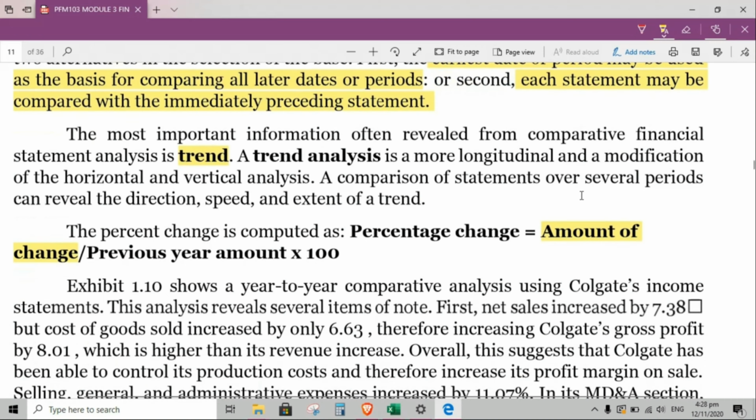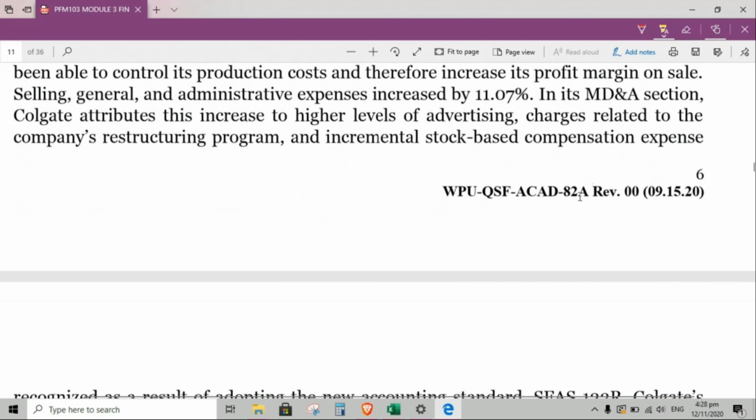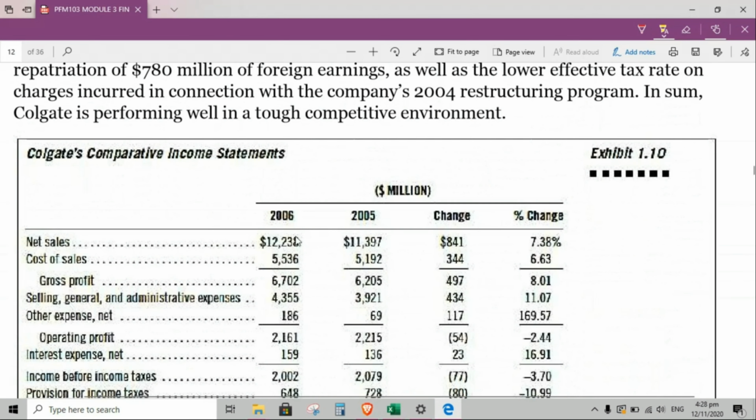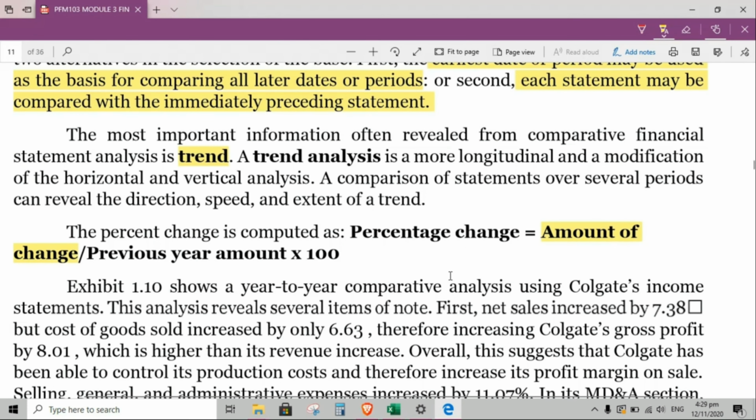Therefore, meron ka 2006 at saka 2005, yung 2006, maminusan mo ng 2005. So, 5,536 minus 5,192. Magiging sagot sa change niya ay 344.